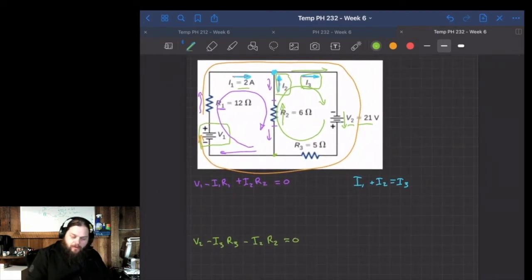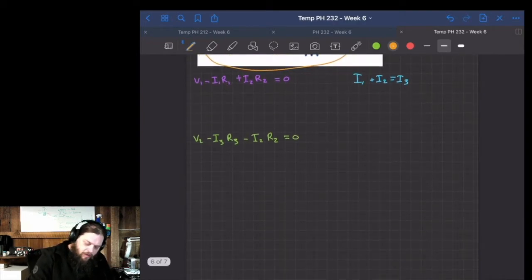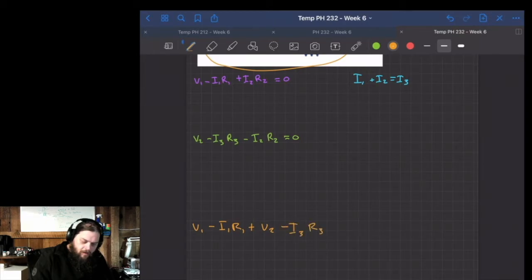So I've got 3 equations now. I don't need to use this big outer loop. I could write it out if I wanted to, and you could use it in place of these other 2. I'm going to write it out just to be thorough: V1 minus I1 R1 plus V2 minus I3 R3 is equal to 0.